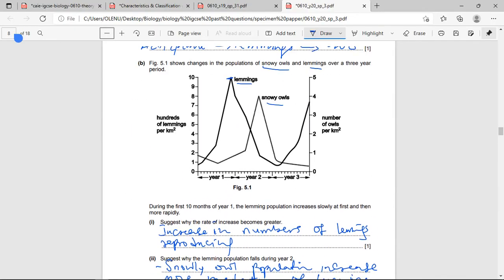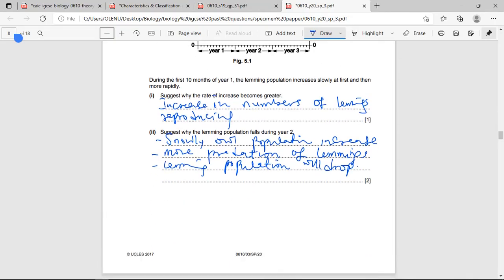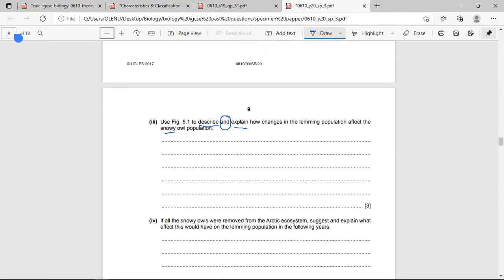So if you look at this, an increase in lemming population is usually a decrease in snowy population. How you write this is, as lemming population falls, snowy population rises.